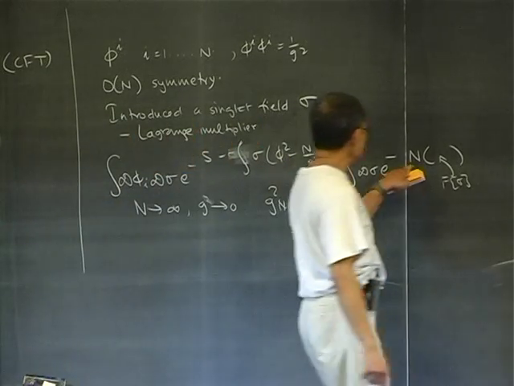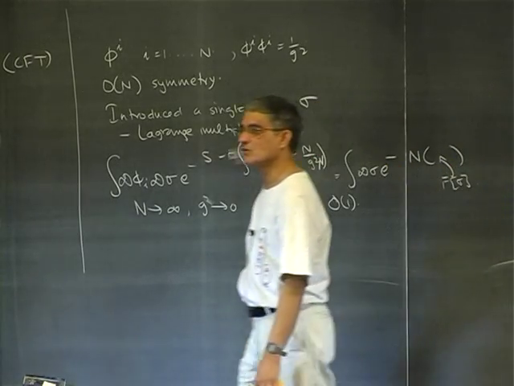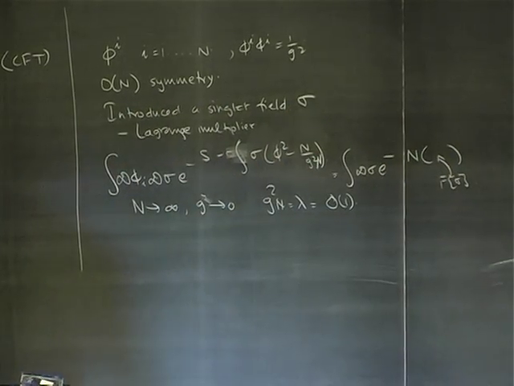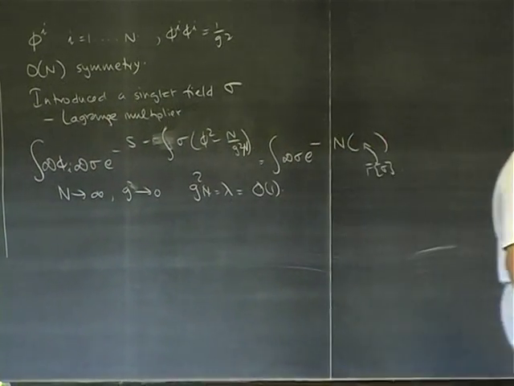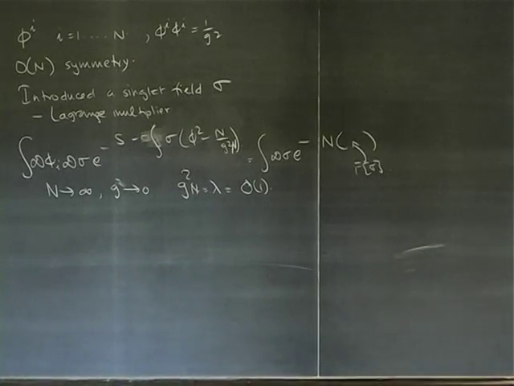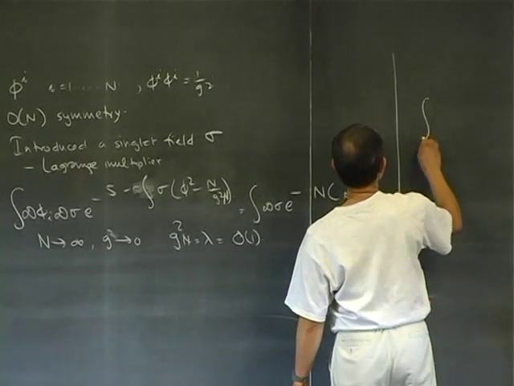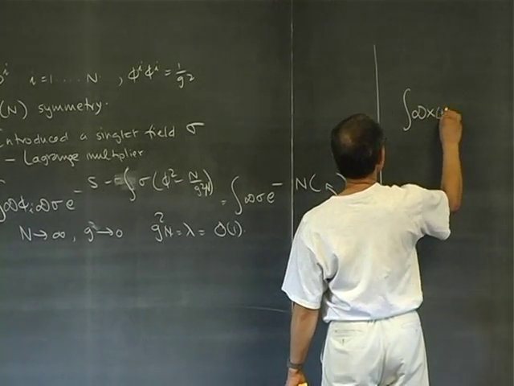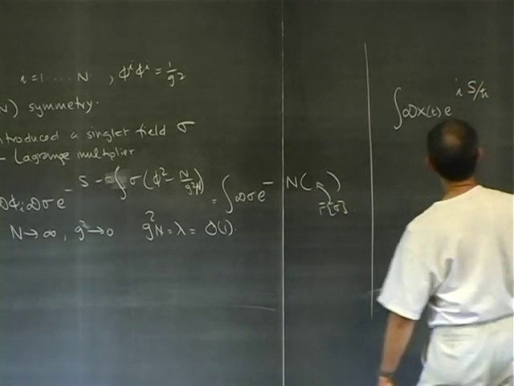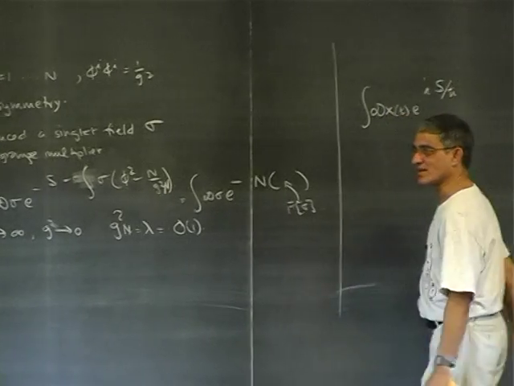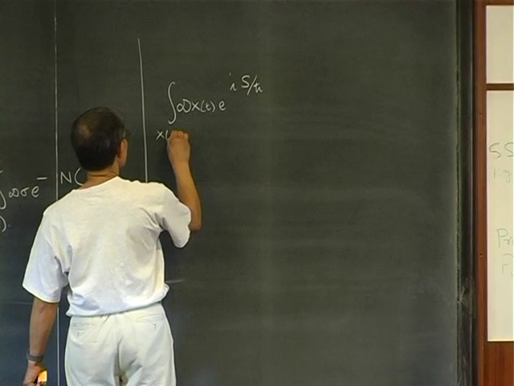But since n was in front of this, we could use a saddle point approximation to evaluate this functional integral. A saddle point approximation is pretty much like a classical limit. When you do Feynman path integrals, where this is the trajectory of a particle which joins 2 points.